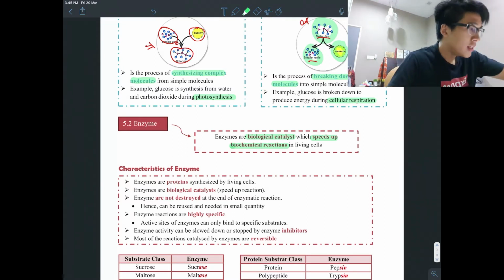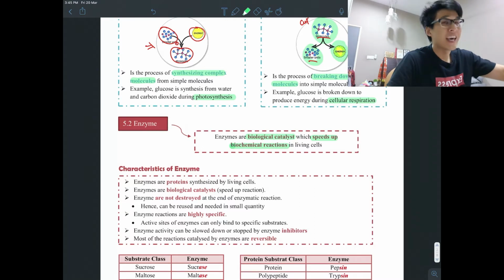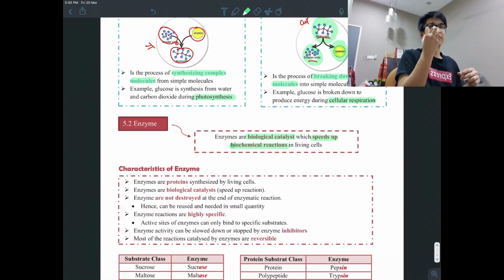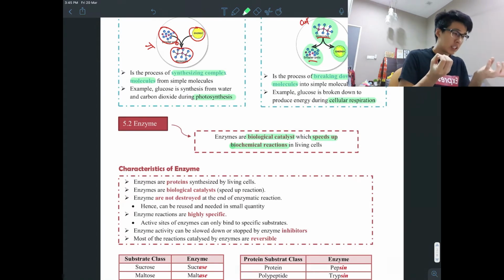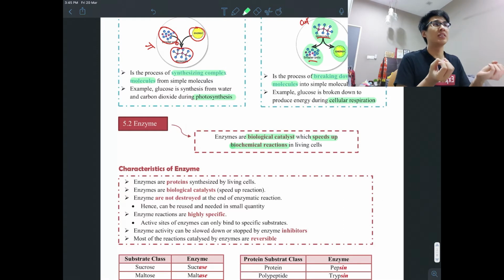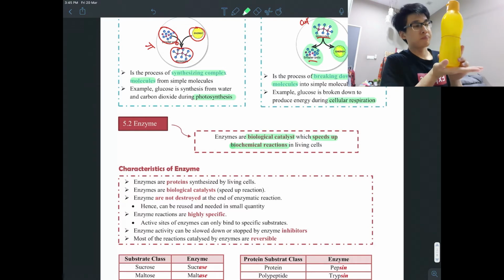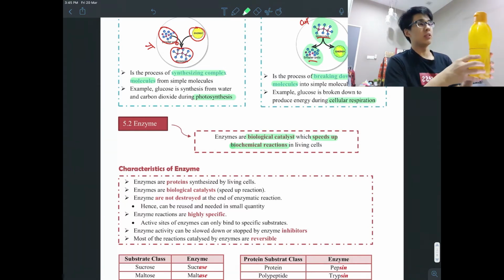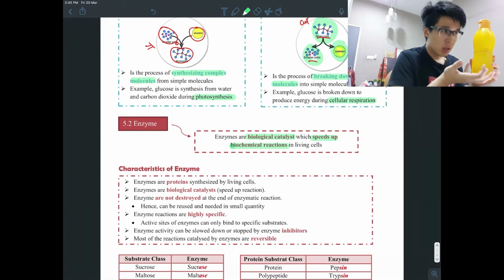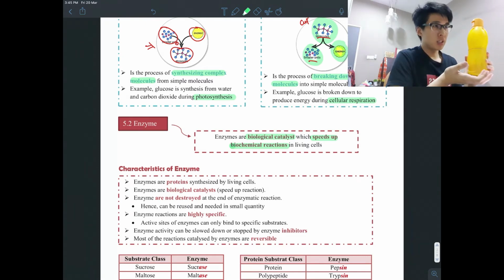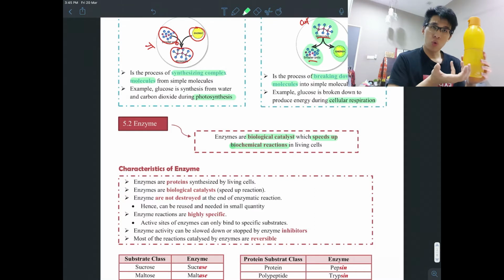What is the meaning of catalyst? A catalyst is something that speeds up a process. Biological catalyst means it's a natural substance. For example, if I have hot Milo that's too hot to drink, I will put it down on the table to let it cool down. But this process is slow, isn't it?